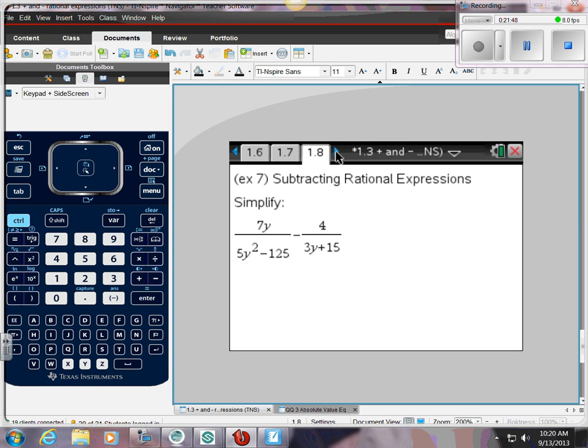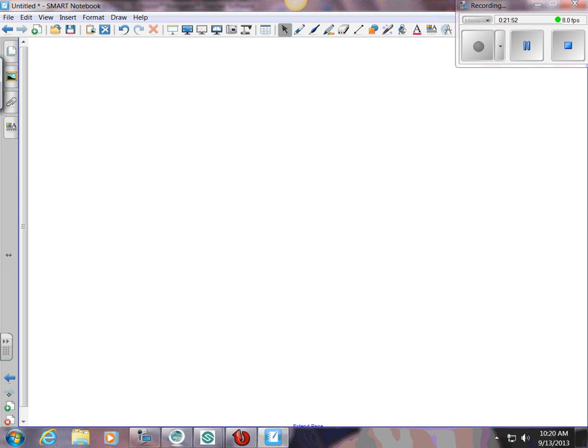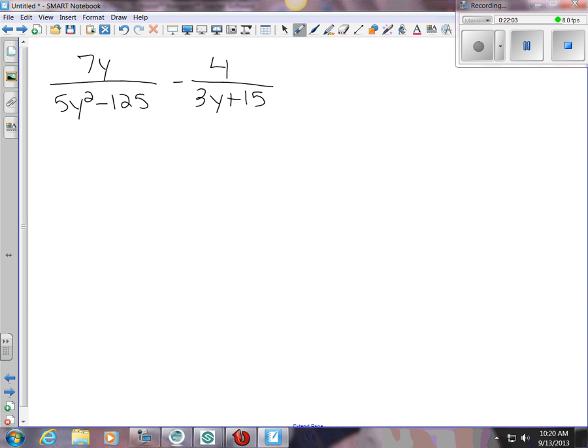Okay, you ready? Gia, you're going to read again to me. What is it? I over 5y squared minus 125 minus 4 over 3y plus 4. Okay. So let's start with that factoring. Denominator, first fraction, how does it factor?